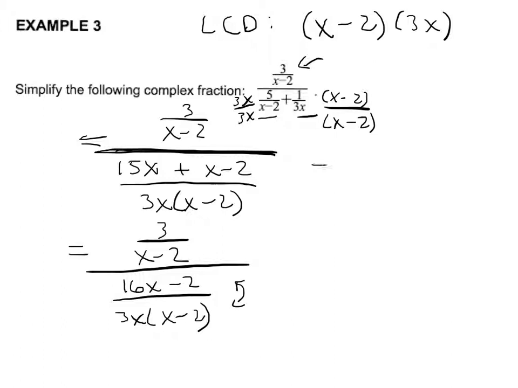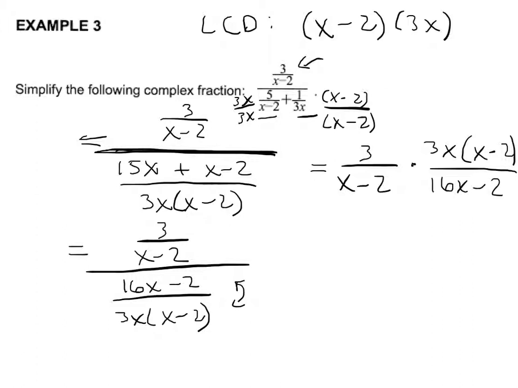So in this case, we're going to have 3 over x minus 2 times 3x times x minus 2 all over 16x minus 2. And you may have recognized that 16x minus 2 can be factored further, and we will go ahead and do that in the next step.